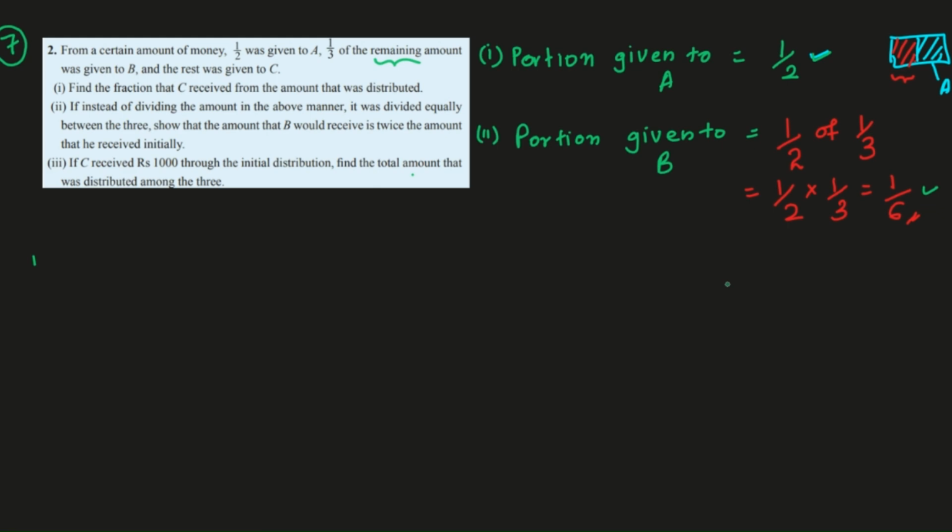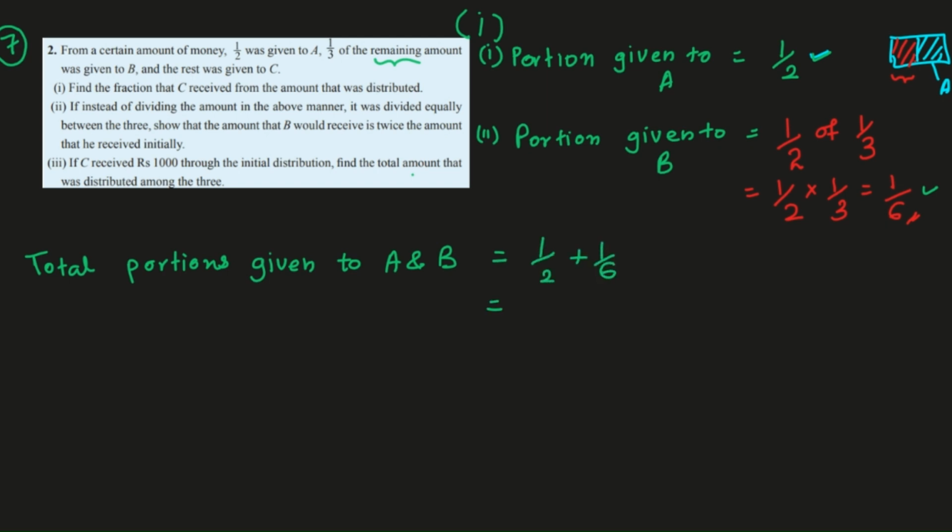Before we get the answer for the first question, right? Let's find the total portions given to A and B. What is it? It's half plus 1 upon 6.